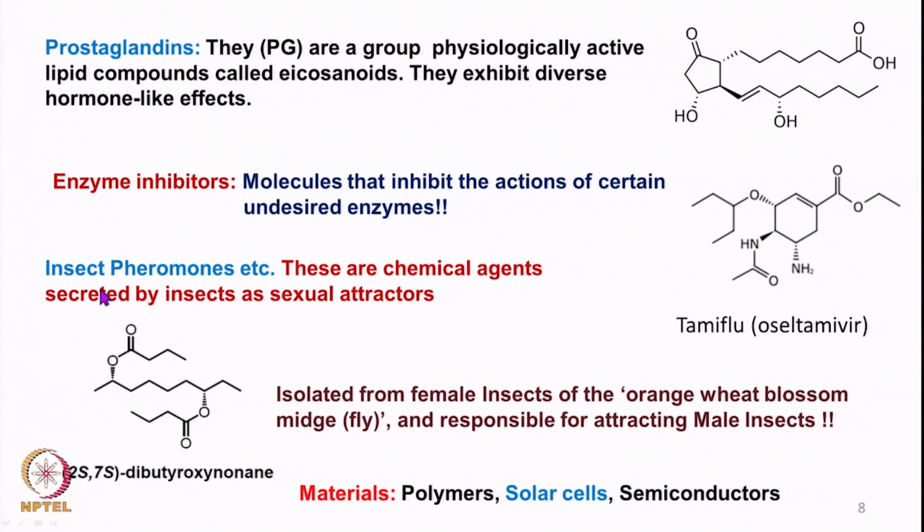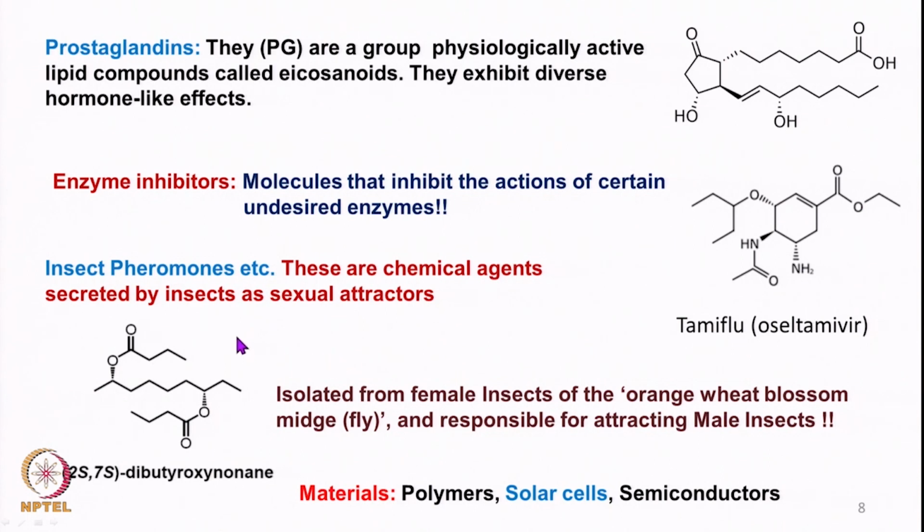Now, there are many pheromones which are called insect pheromones. These are all chemical agents secreted by insects as sexual attractors. That means male insects will have certain pheromones. The smell of that will attract the female insects, and likewise female insects will have pheromones which will attract the males.